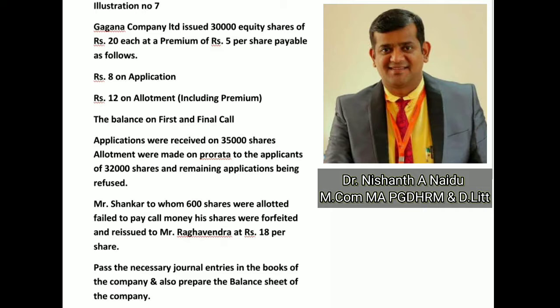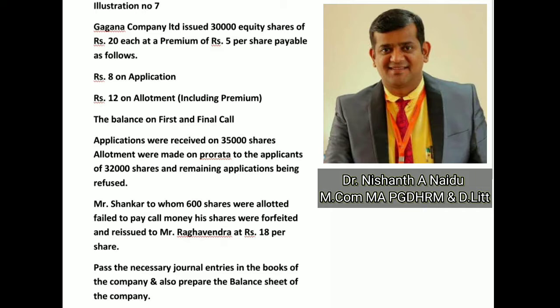Gagana Company Limited issued 30,000 equity shares of rupees 20 each at a premium of rupees 5 per share, payable as follows. So there is a company called Gagana Company, which is issuing 30,000 equity shares to the general public at rupees 20 each, with a premium of 5 rupees per share.